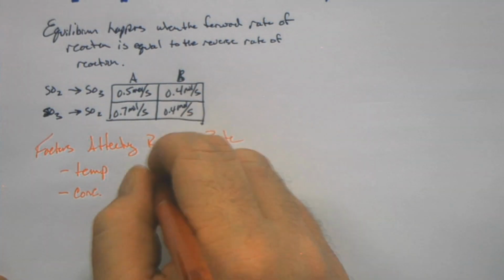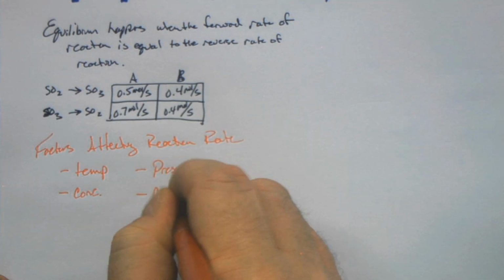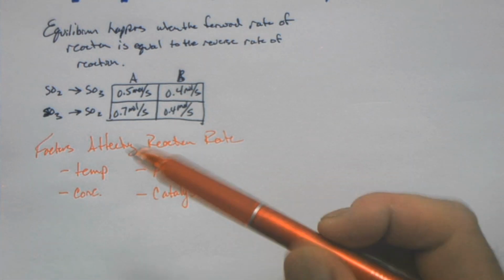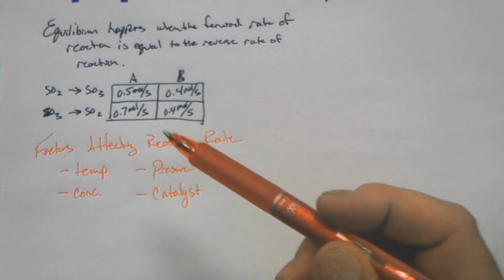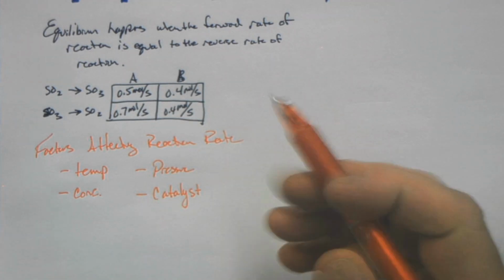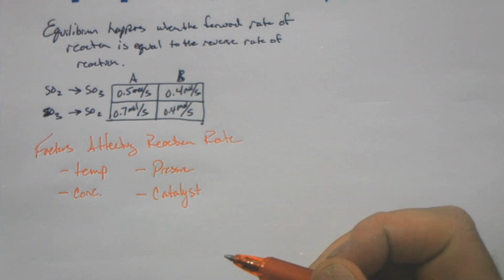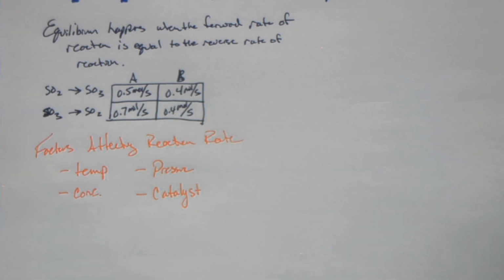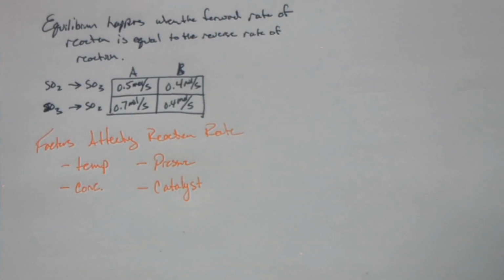Pressure, good. And a catalyst. Okay, these are the big 4. There are a couple others. The particle size will cause something to react faster, but that doesn't really have an effect on equilibrium. And stirring it also won't really have an effect on the equilibrium because you'd be stirring both things equally if you were to agitate your solution. So these are the big 4 that we're going to talk about.